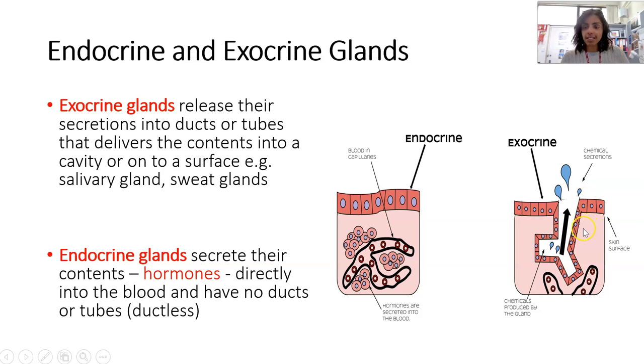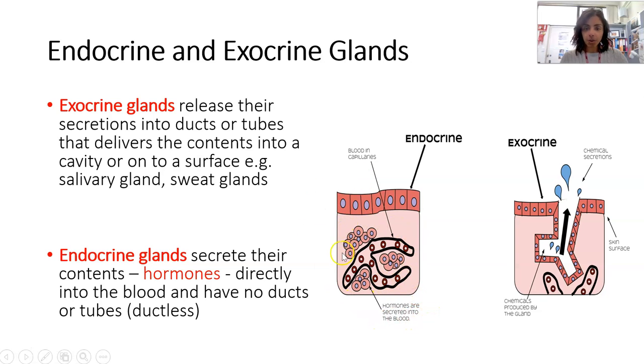So you have ducts in the skin that produce secretions and they move that out. If it's the skin, it'll be sweat to the skin surface. If it's the salivary glands, then it would be salivary liquid that's secreted into your mouth. What we are focusing on is this structure here, which is an endocrine gland.